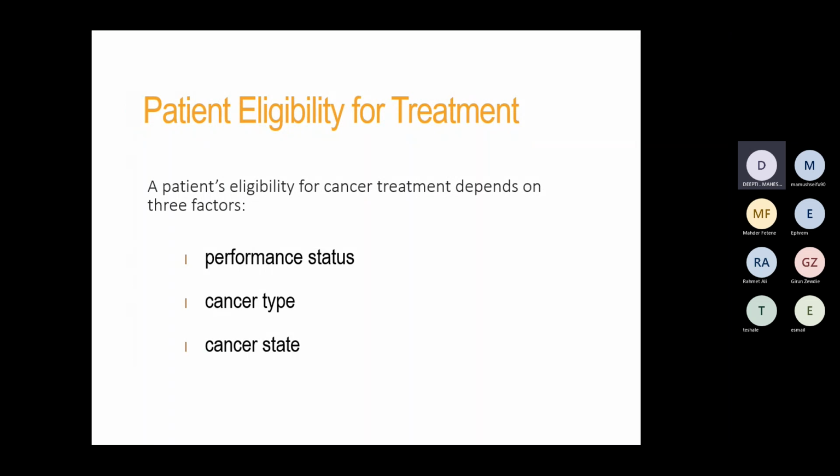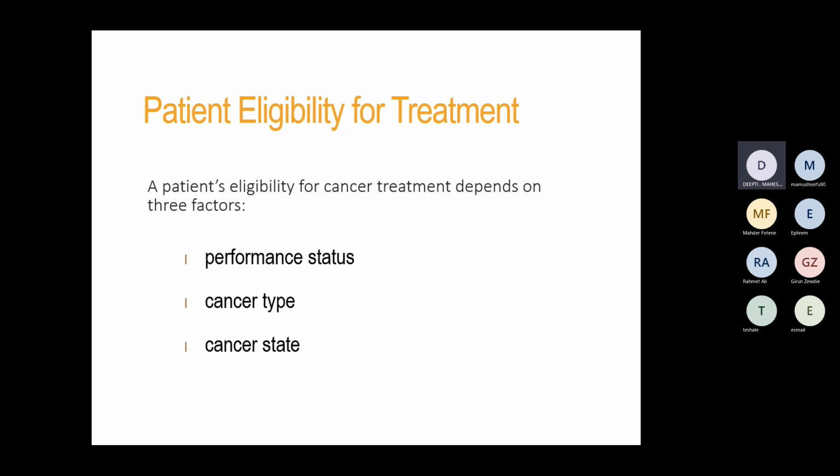Now, once we have understood all this, we have to decide which drug to give and which combination to give. We also know the staging and the grading of the patient. But there is one more aspect that we have to decide for giving the treatment.